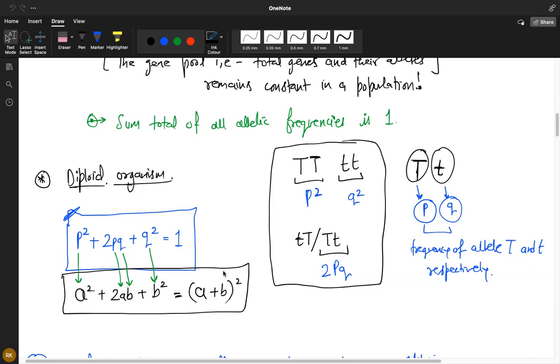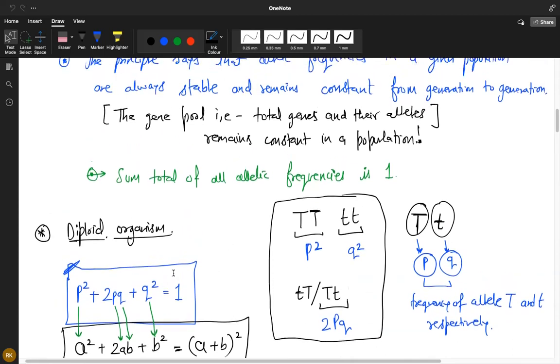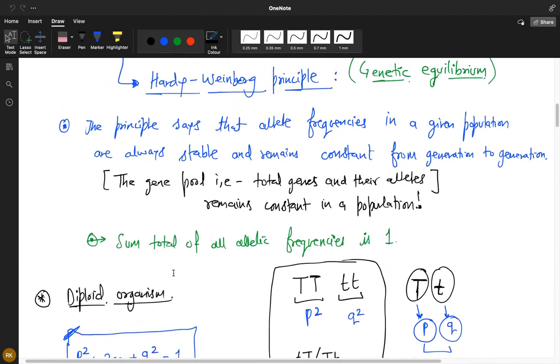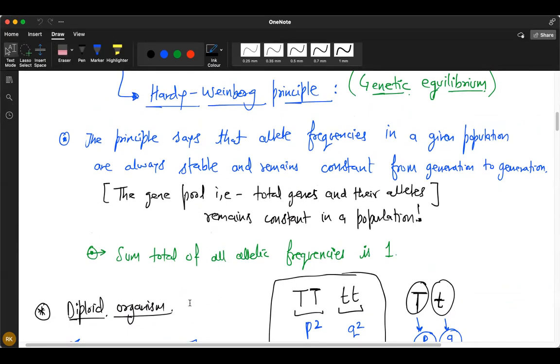Okay. To add on to it, the Hardy-Weinberg principle talks about a genetic equilibrium condition. In the last class, we did a question specifically to understand that. So what are the assumptions that we make for a population to be in Hardy-Weinberg equilibrium?